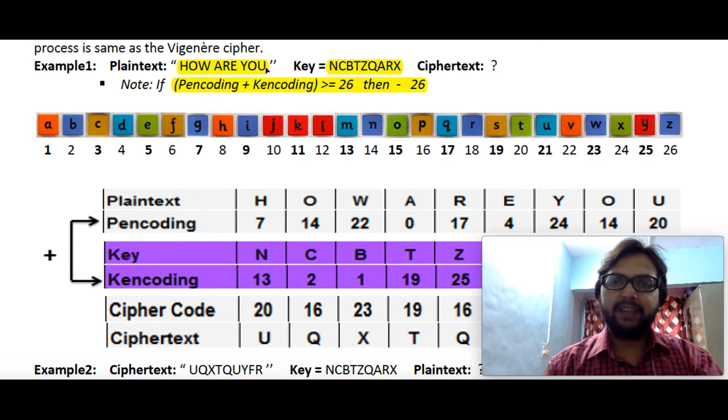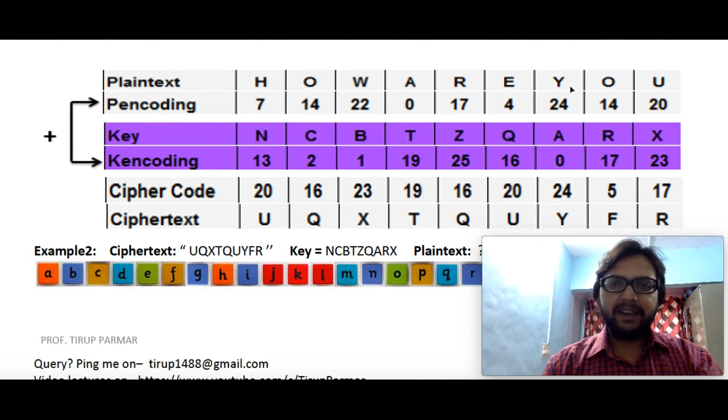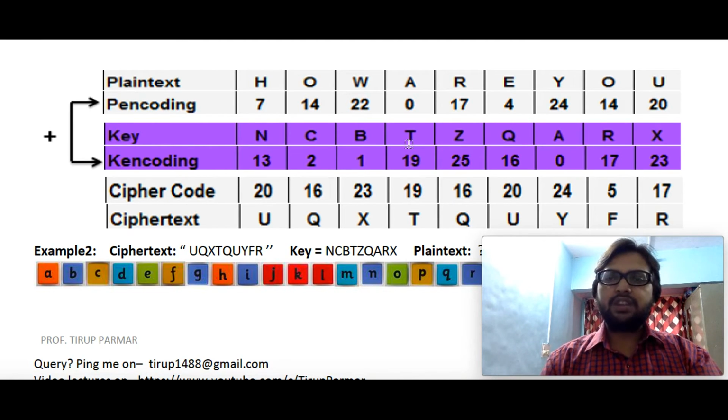H, O, W, we have 9 letters present here and we have 9 letters present in our key as well. So our plain text and key size is the same, and only once we are going to use this particular key. If next time I am again encrypting any particular message, then I am going to use another key. The same key is not used twice.